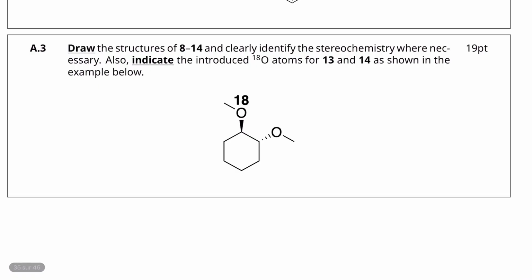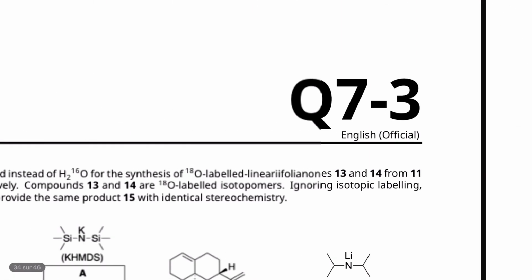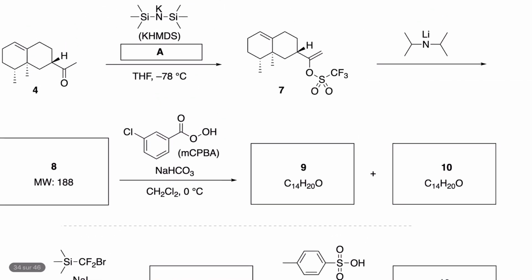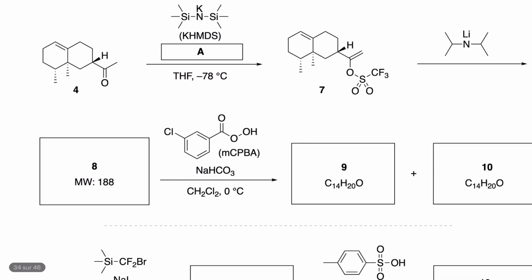Draw the structures of 8 to 14 and clearly identify the stereochemistry where necessary. Also indicate the introduced oxygen 18 atoms for 13 and 14 as shown in the example below. Okay, so we need to mark an 18 above the oxygen that's being labeled. Let's start from the scheme first. So 7, treated with another base, will give you 8.